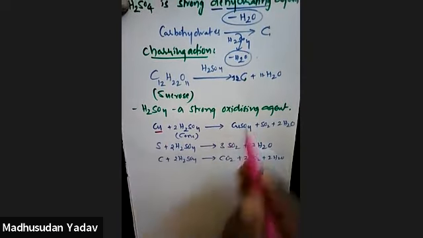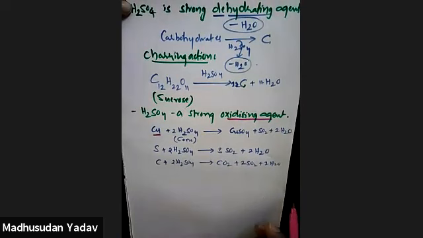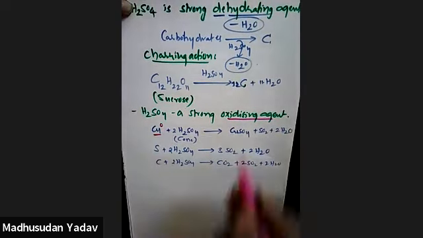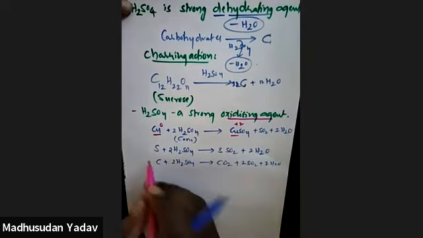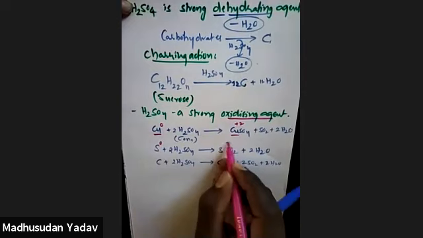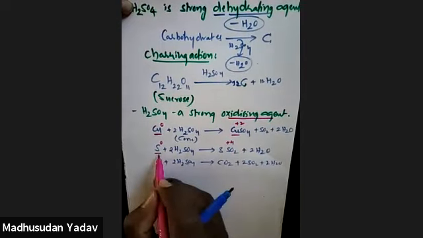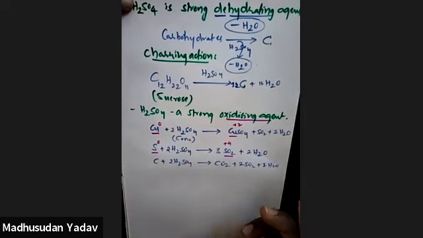Copper is oxidized. Its oxidation state increases from 0 to plus 2. And sulfur is also 0, but here plus 4 oxidation state. Along with that, oxygens are also added, so it is also an oxidation process, isn't it?